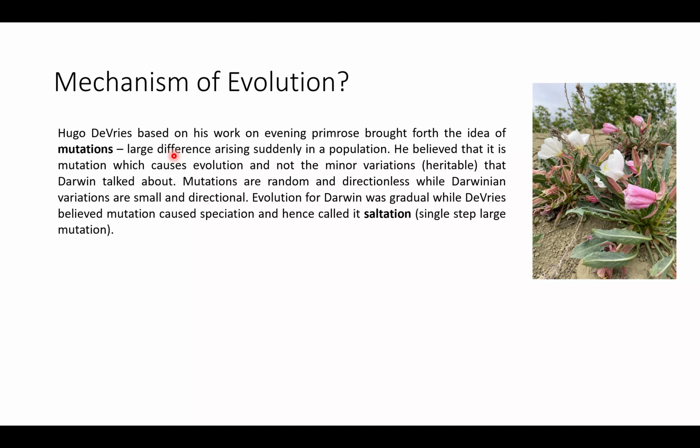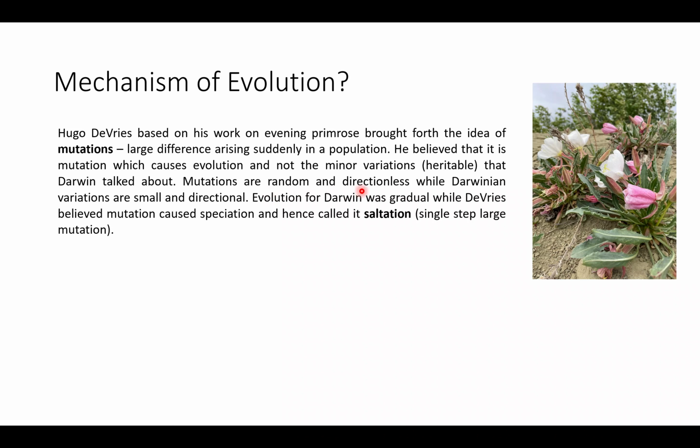So what is mutation? It is a large difference arising suddenly in a population, mostly reproducing sexually. He believed that it is mutation which causes evolution and not the minor variation that Darwin talked about. But now we know that it is a combination of mutation as well as natural selection.